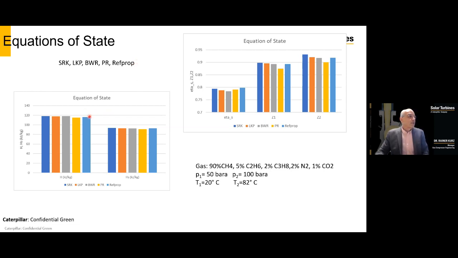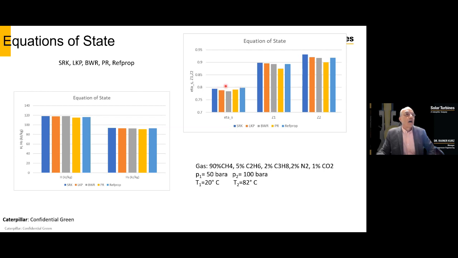Now, what you see is if I compare actual work and isentropic work, there is very little difference between the different equations of state. If I use these different equations of state to calculate efficiency or to calculate density, I've just made this a bit brief by using the compressibility factor.